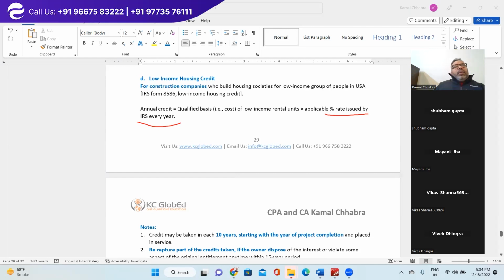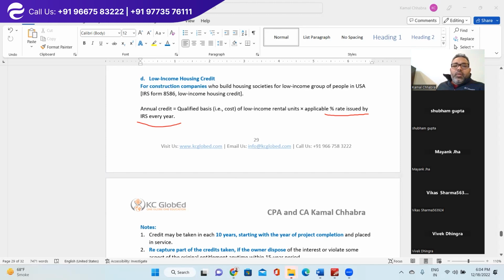The people in the lower income bracket would be living there, and the place may be allocated by the state, city or federal government, or an NGO may be developing it. Whoever it is, you are a construction company helping in building it.